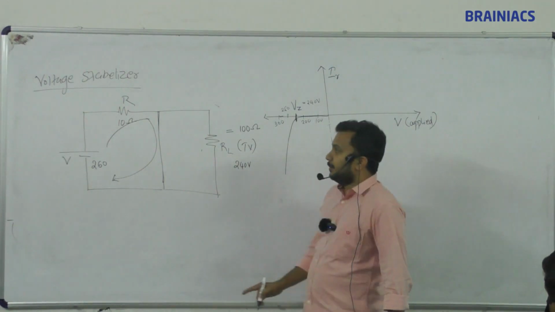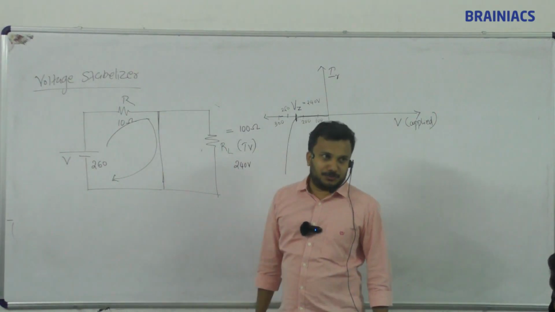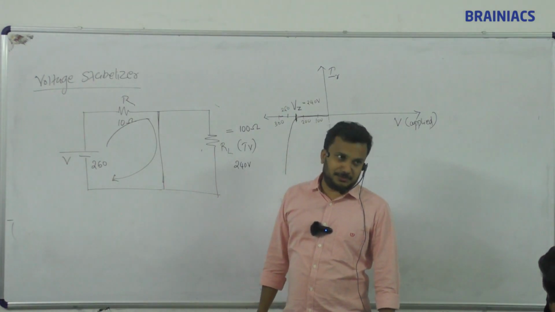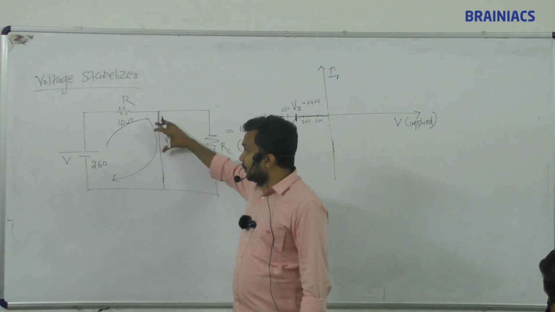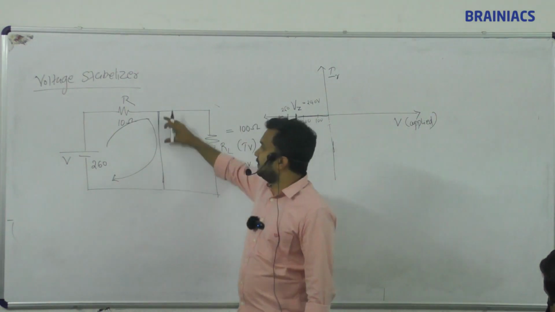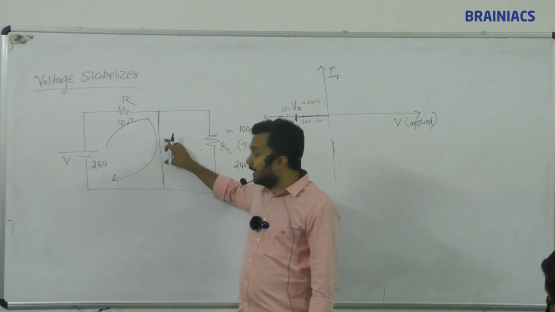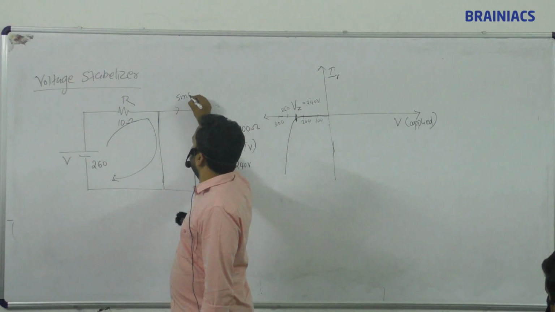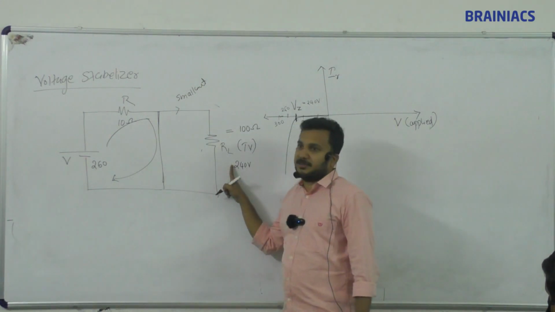Okay, so what will happen? You gave 260, and the diode told you, I protected you because I have not given any 260 to you. So this will prevent the majority of the current from going to the load, because this will still act as a wire with small resistance. So this will act as one, but here there is a small current that will flow to the load resistance.